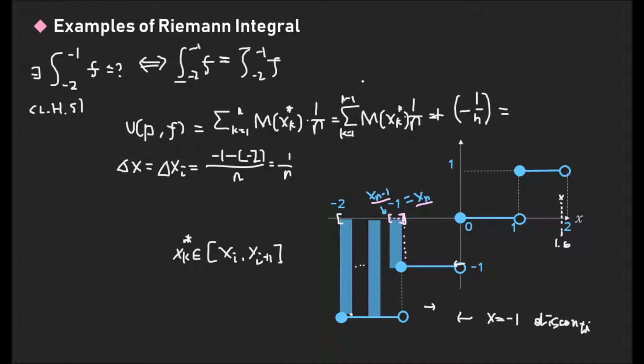And we can directly calculate this. Every value is minus 2, minus 2, minus 2, minus 2.